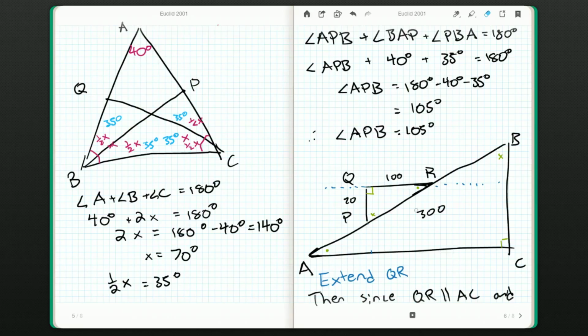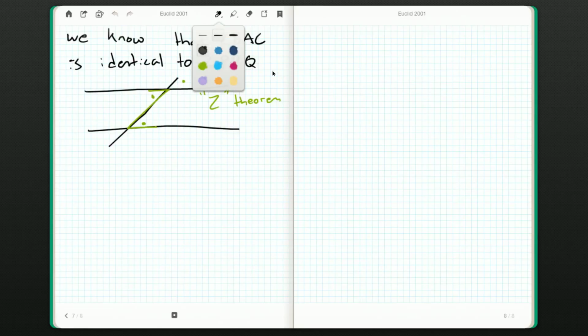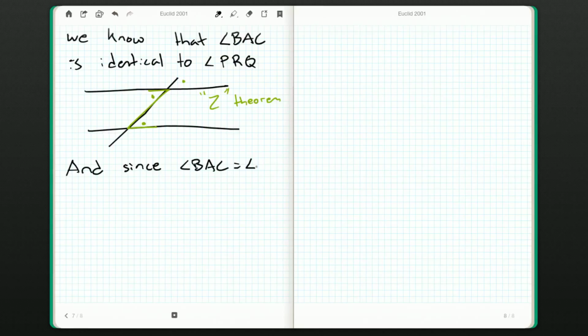We're going to get the same angle at A as we do at R. So we know BAC is equal to PRQ. And we know the angle PQR is the same as angle BCA, which is 90 degrees. We're told that in the problem.